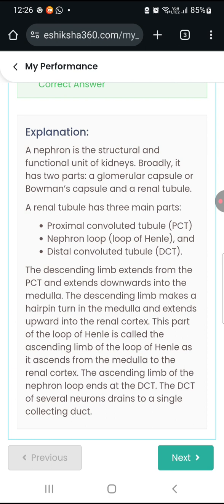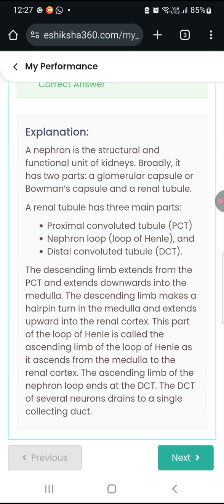Broadly, it has two parts: a glomerular capsule or Bowman's capsule and a tubule. A renal tubule has three main parts: proximal convoluted tubule (PCT), nephron loop or loop of Henle, and distal convoluted tubule (DCT).